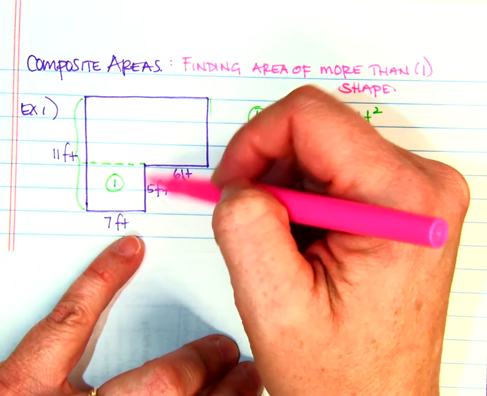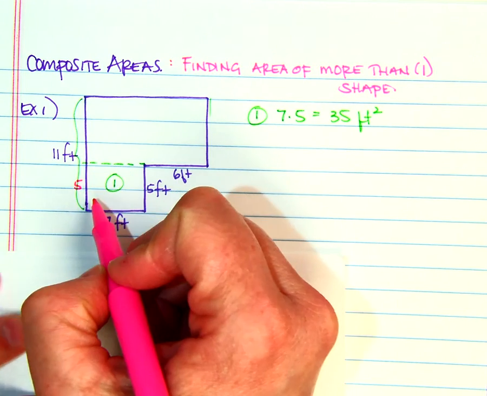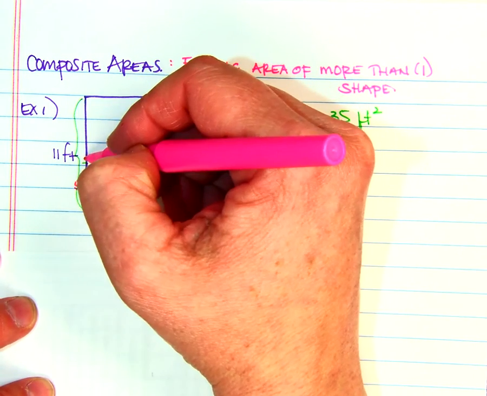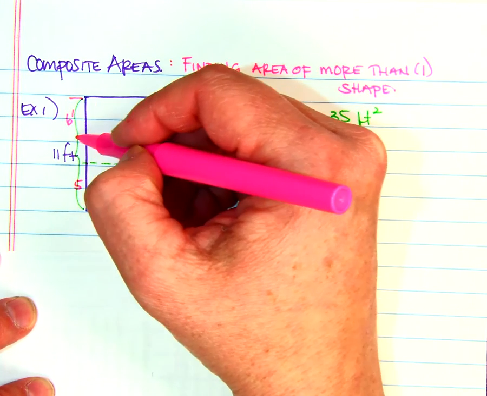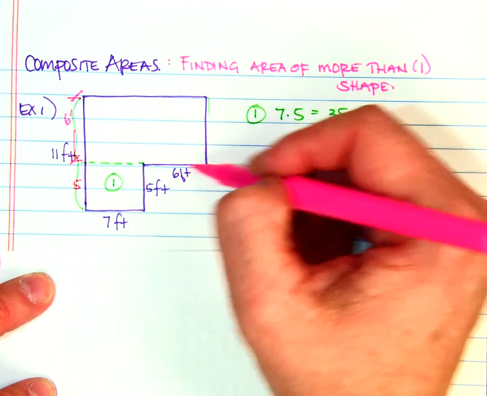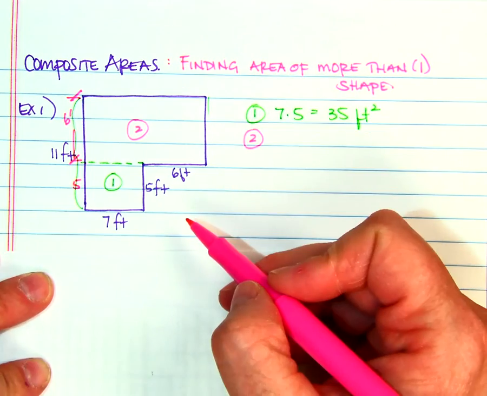So if this much of it is 5, that means this is also 5. Then how much would I have left here? So that means this piece here is going to be 6. So if this is another rectangle, I'm going to call that area 2. It's another rectangle.